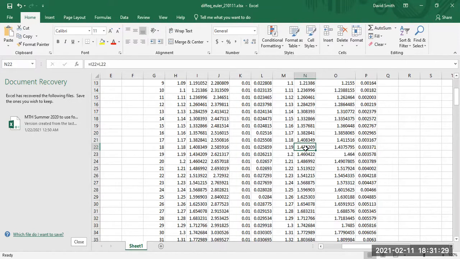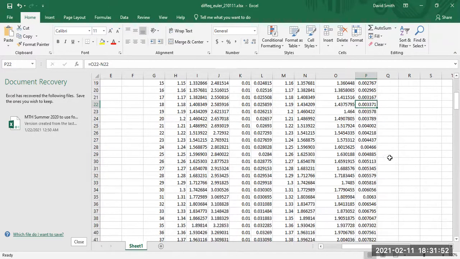Now, let me remind you, this came from Euler's method, from the approximation, and this came from the solution function. So we still have 2 zeros here, okay? In other words, the discrepancy between the actual and the Euler approximation is this small, 0.003, 3 parts in 1,000.